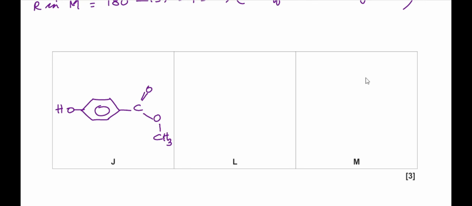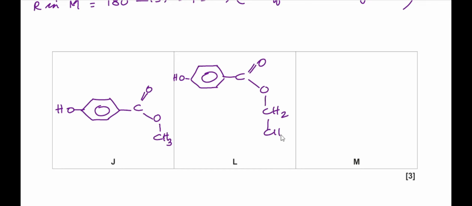Fine. So the second alkyl group is CH2, CH2, CH3. So creating some space. Okay, this is C, double bond O. Then we have got the ester link. Then we have CH2, CH2, CH3.